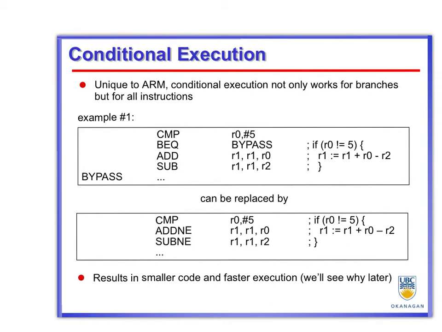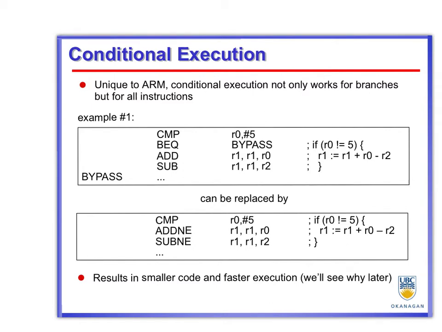Right? Because these instructions with these suffixes check the condition flags. So you've got to make sure as the programmer that you've done whatever you needed to do to make sure those condition flags are what they should be.